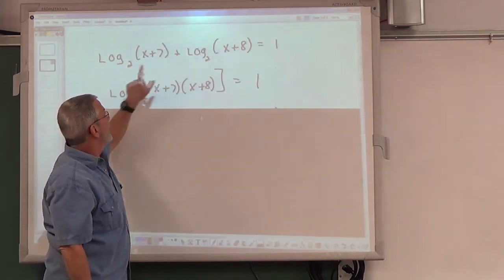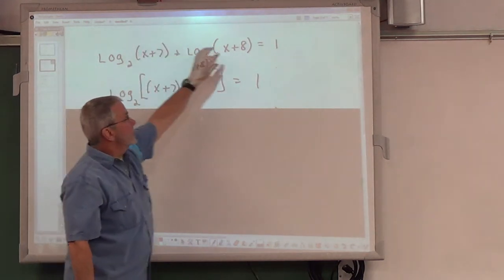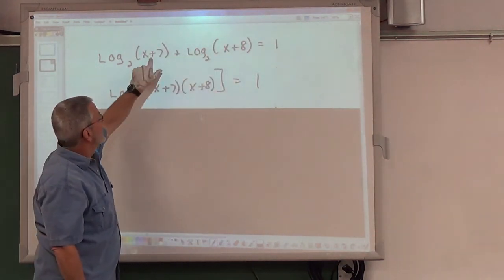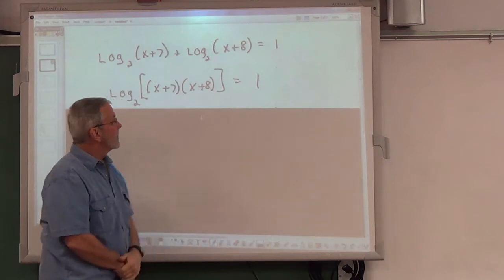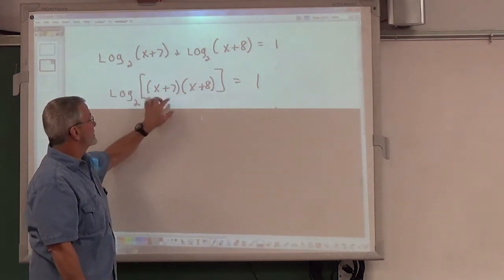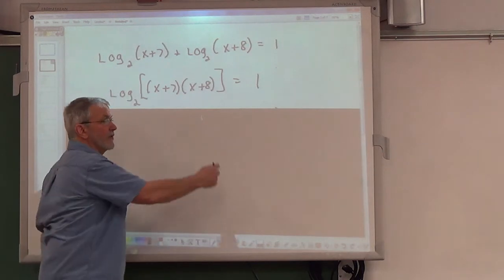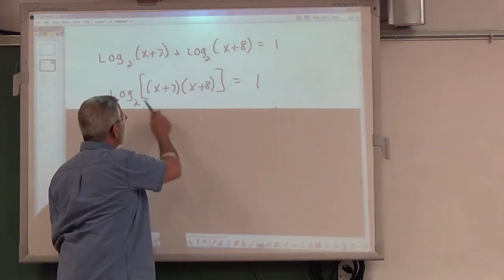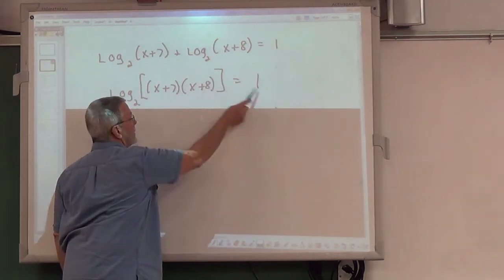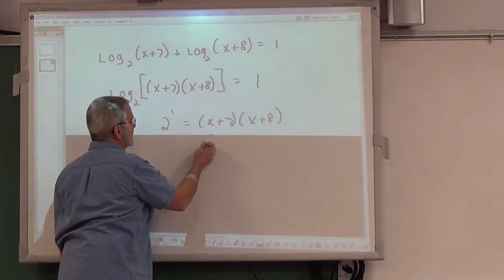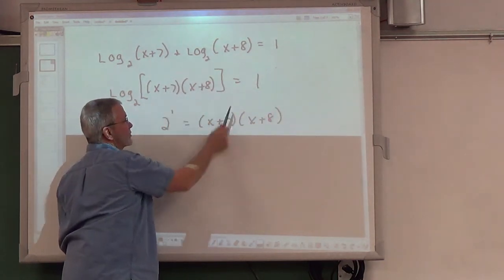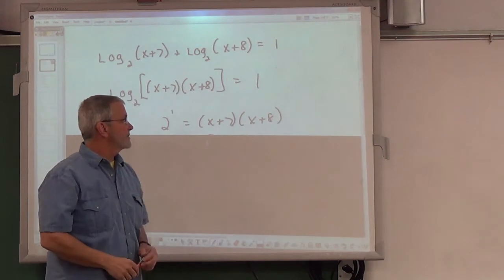If you're adding logarithms of the same base, you can multiply the creatures that you are logging. So now I have log base 2 of this product that's equal to 1, and now I'm just going to employ the definition of the logarithm. That tells me 2 to the first power is this product right here, x plus 7 times x plus 8.